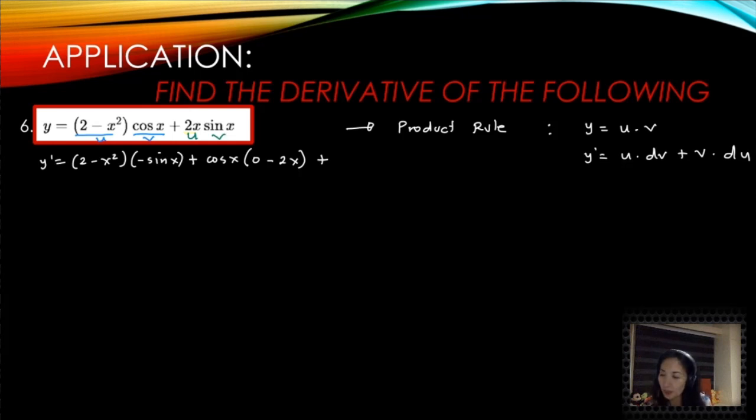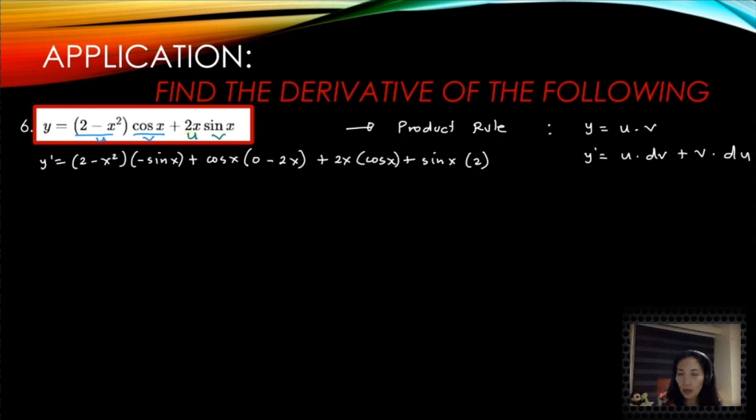So it's still a product. So let's get the derivative using the product rule. u dv: 2x times derivative of sine x, which is cosine x, plus v du: sine x times derivative of 2x, which is 2.